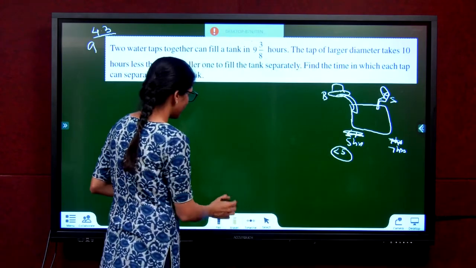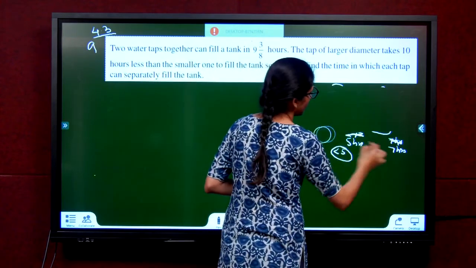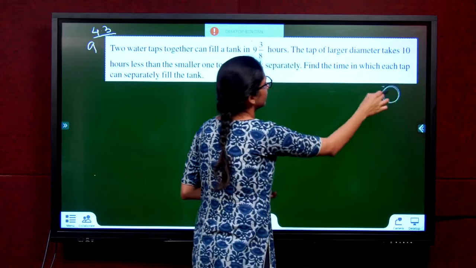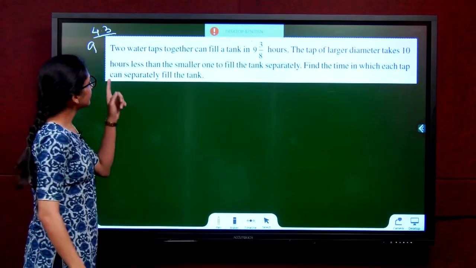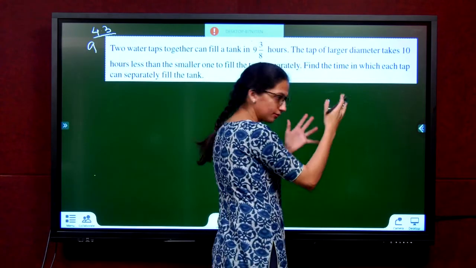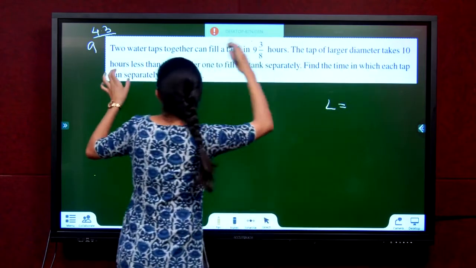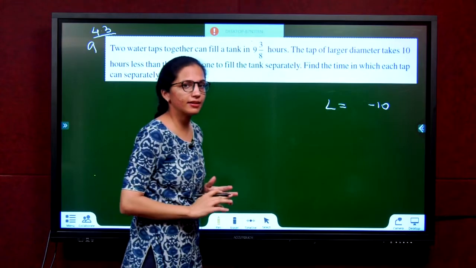So what we need to understand in such questions is, they have given here the tap of the larger diameter takes, instead of is, takes, 10 hours less than, minus 10, like how we have learnt until now.